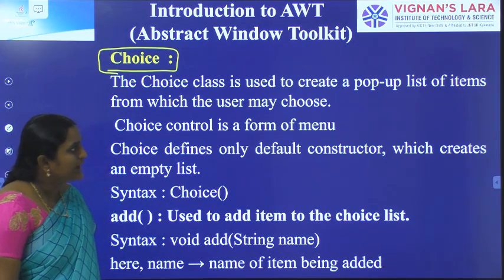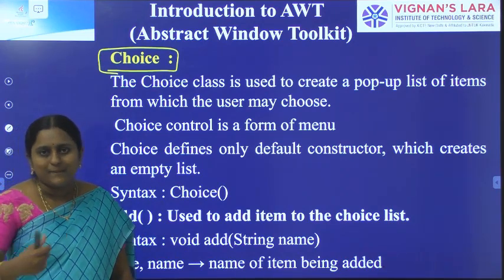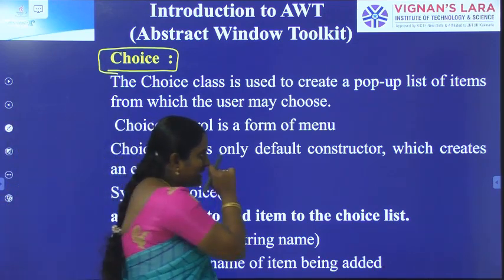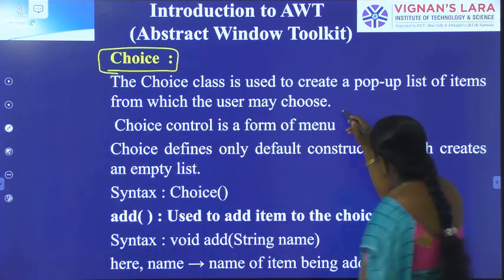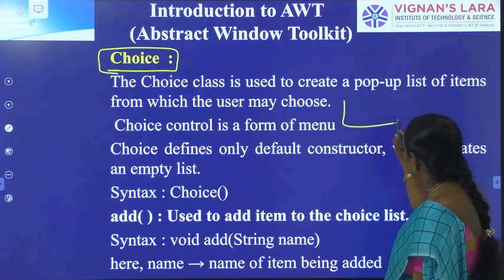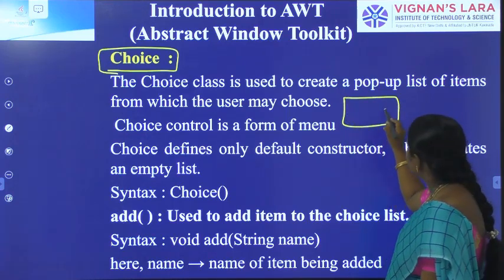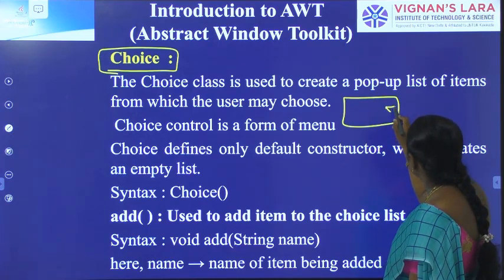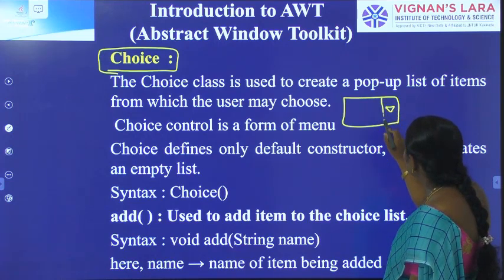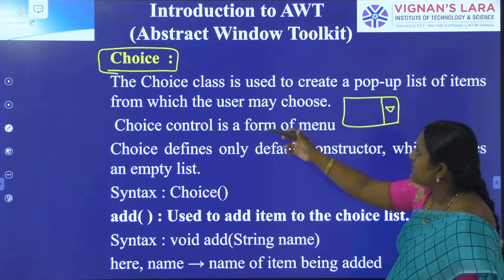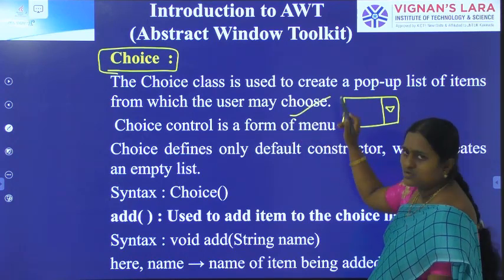It is used to create a pop-up list of items from which the user may choose. So I think you might be aware of Choice. Choice is a class used to create a pop-up list of items from which the user may choose.